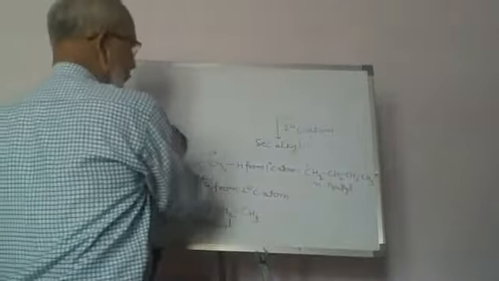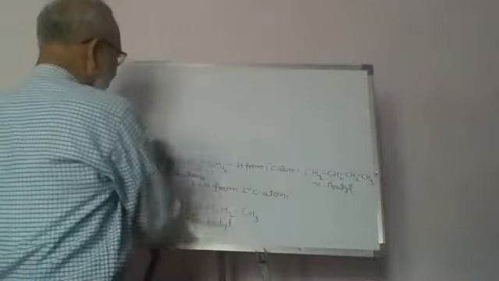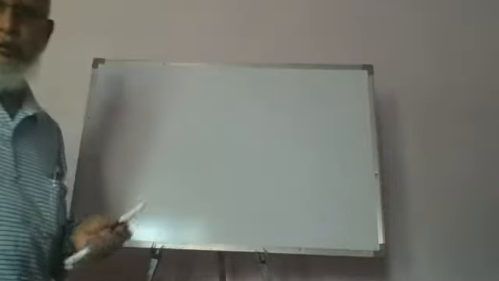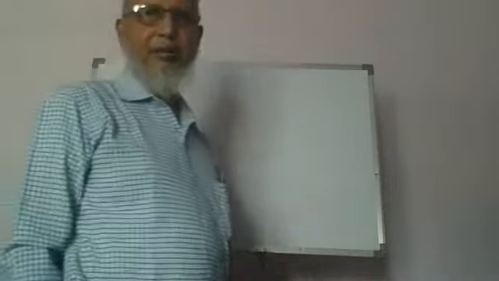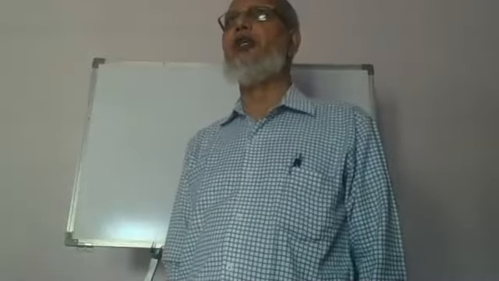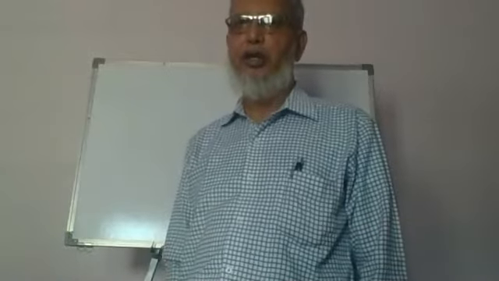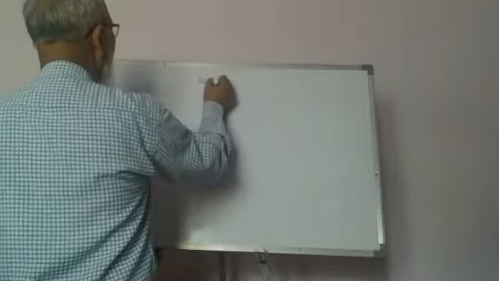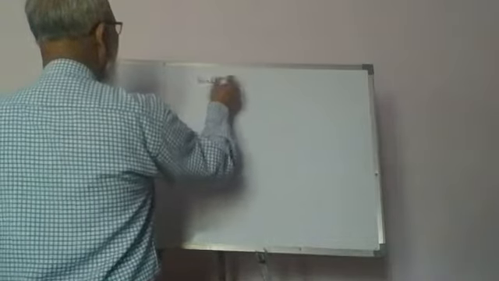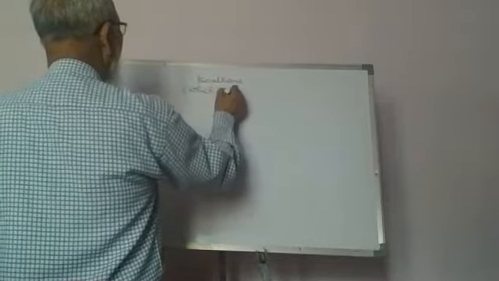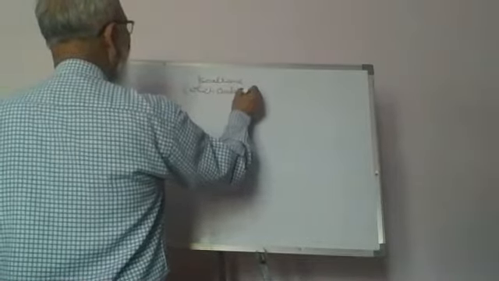I have told you about the nature of the carbon atoms in isoalkane: there is a tertiary carbon atom, and this tertiary carbon atom should be present at the second carbon position from one of its ends. So isoalkane means one which contains a tertiary carbon atom.